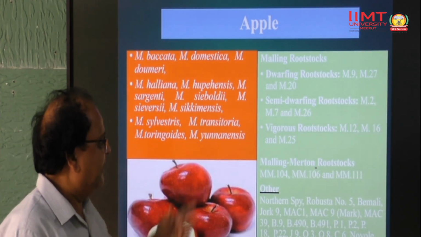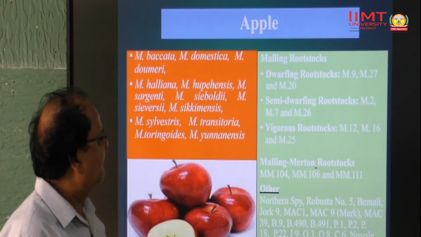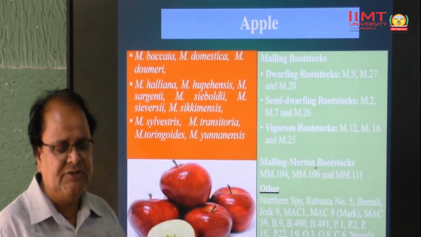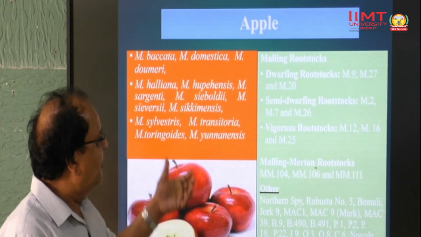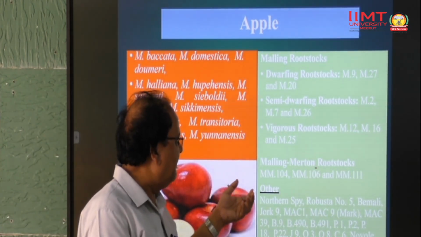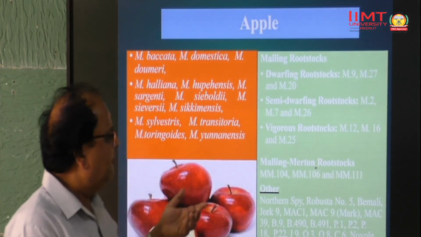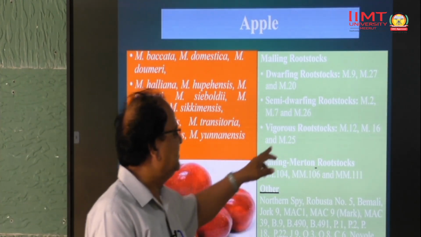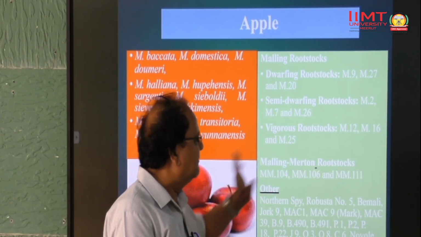Semi-dwarfing rootstocks are like M2, M7, M26. M means Malling rootstock; the Malling-Merton rootstocks are MM104, MM106, MM111. Here M is the Malling series, and MM is the Malling-Merton series.